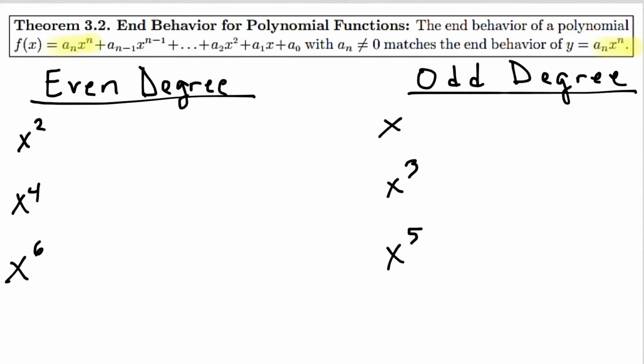So let's first talk about even functions. When I mean an even function, I mean an even degree function. I'm talking about 2, 4, 6 as your degree, your highest power. So we know something about x squared functions already. If you have a positive leading coefficient, it's shaped like this. If you have a negative leading coefficient, it's shaped like this.